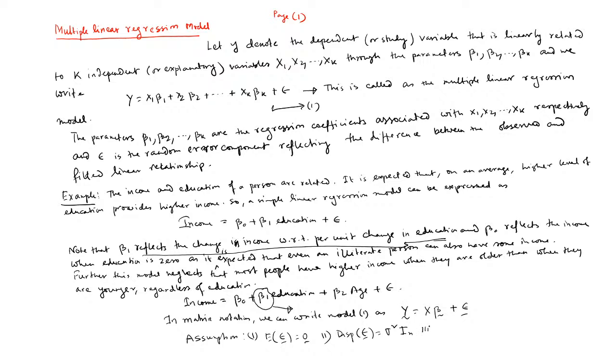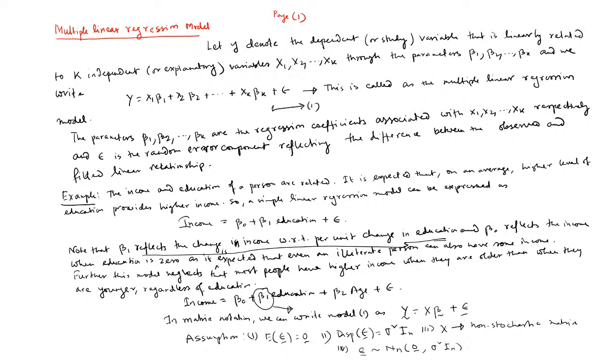Assumption 3: X is a non-stochastic matrix. And assumption 4: epsilon follows an n-dimensional normal distribution with mean vector 0 curl and dispersion matrix sigma square I. Okay, these are the 4 assumptions.